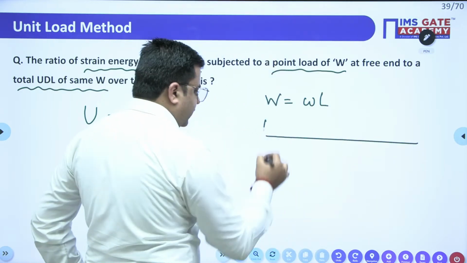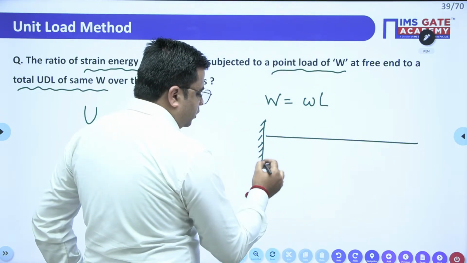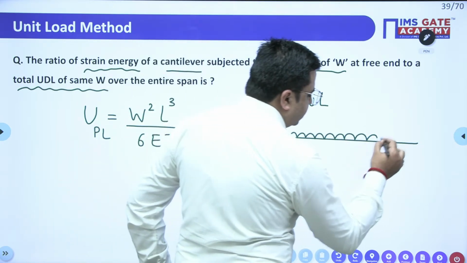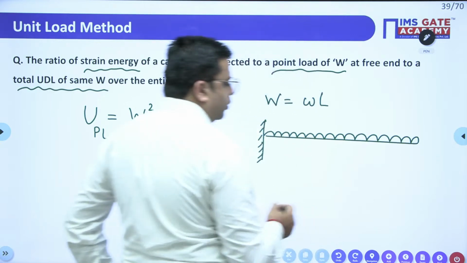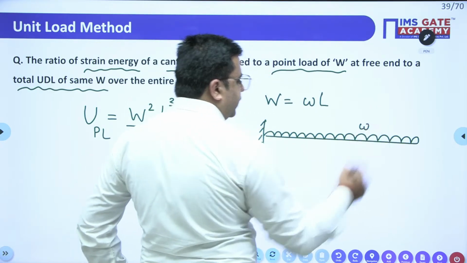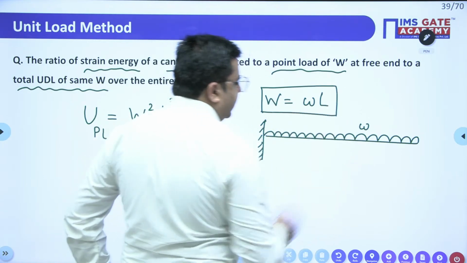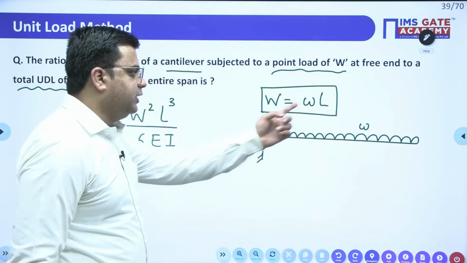So if I draw a cantilever like this, and small w is my intensity of loading, this total W is w into L. So this is directly given in the question. You are not given the small w.